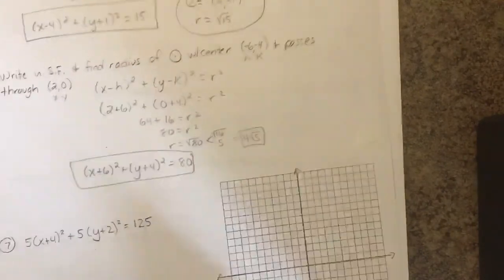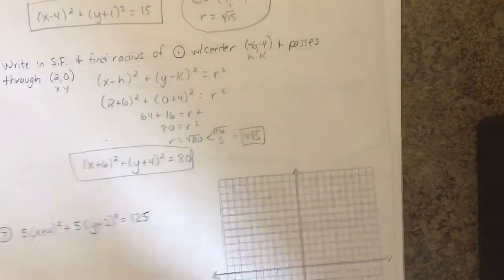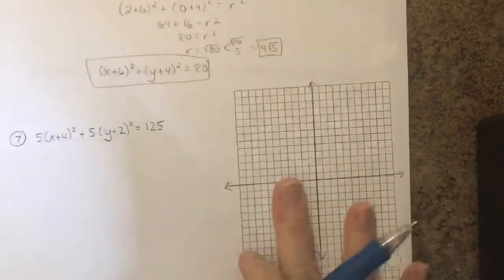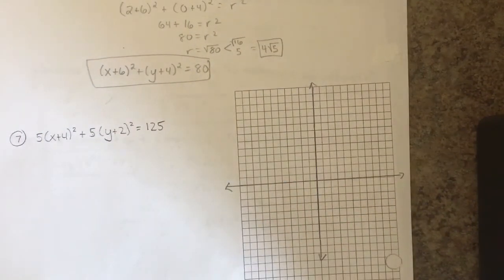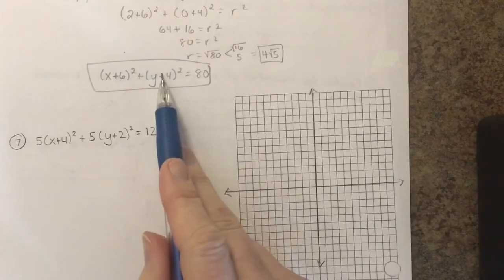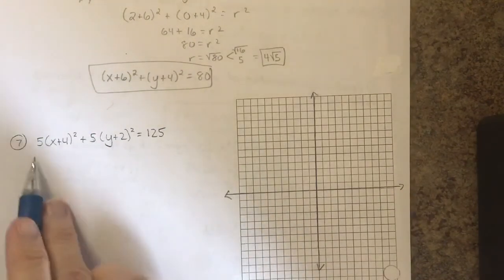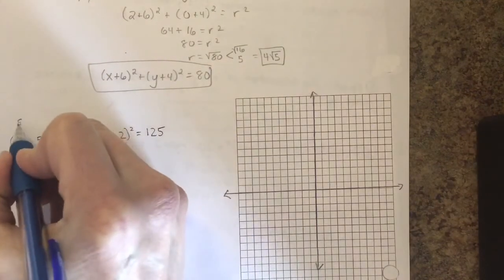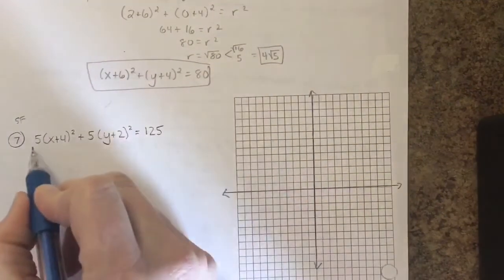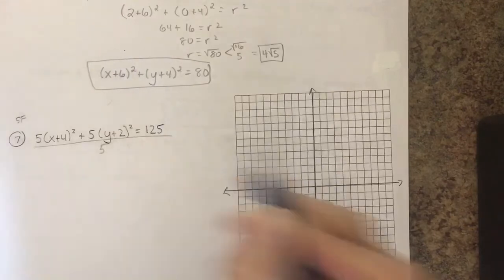All right. Lastly, graph. How do you know? Well, there's a graph right here. What do you need to graph? Same thing, the center and the radius. All right. So what do I need to do? I need to get the thing in standard form. I need to divide by 5. All right.